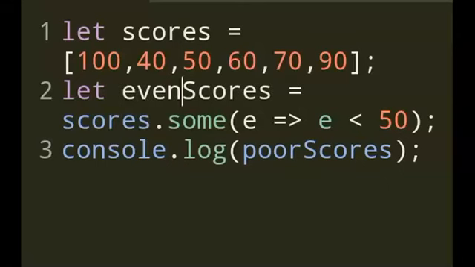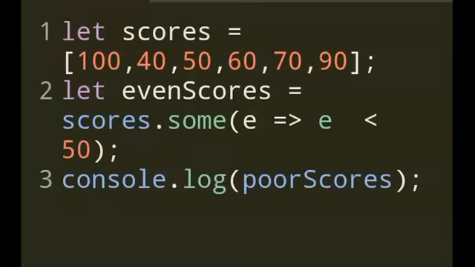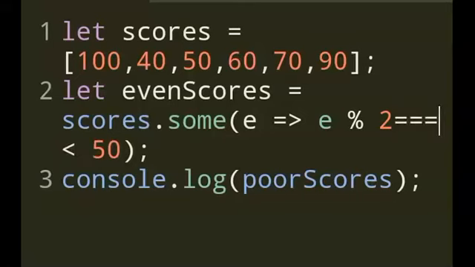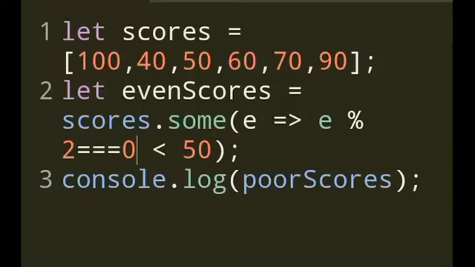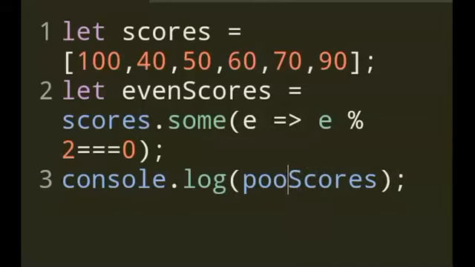The argument is E, where E percentage 2 equals 0, that is, the remainder has to come 0. We just remove the first condition.